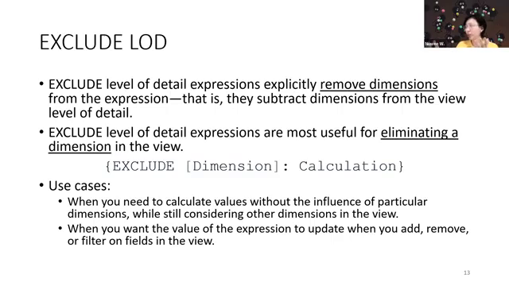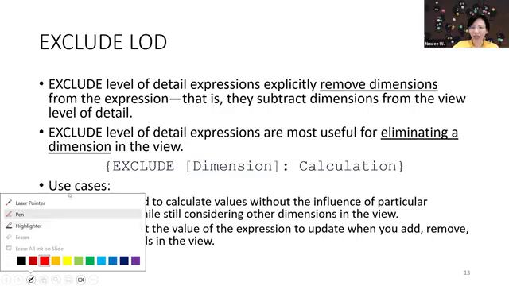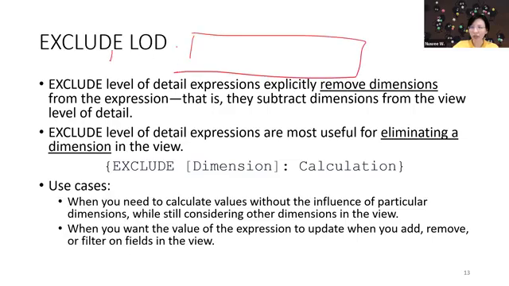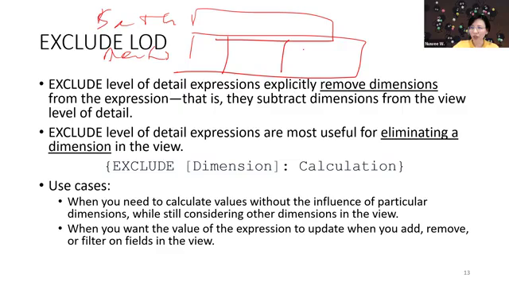For example, you can do percent of total. Actually, you can do percent of total with the table calculation, but sometimes you want to do it yourself. You can use the exclude one, when you have a bar chart showing sales broken down by region, then by category, and then you want to have a stacked bar chart, by region, north, south, and then furniture, office supply, something like this.